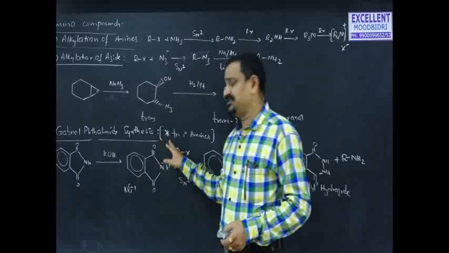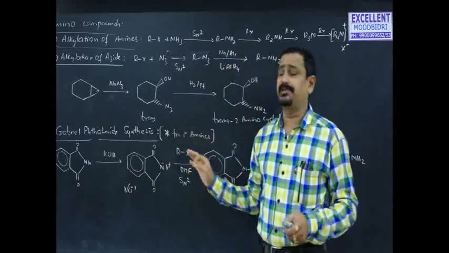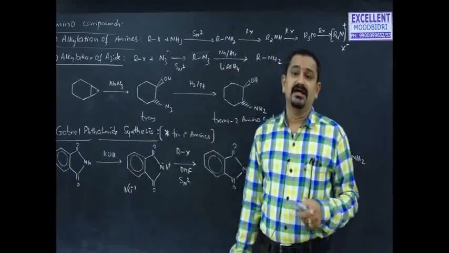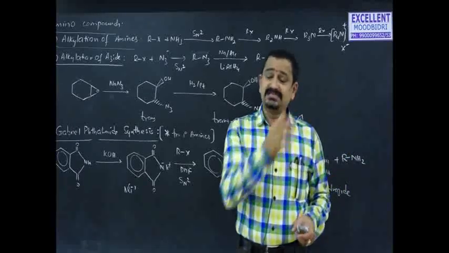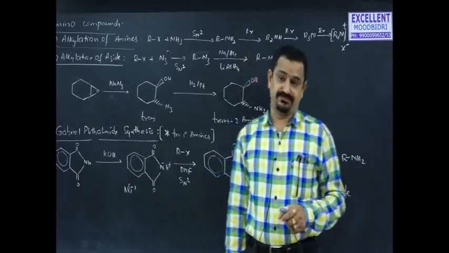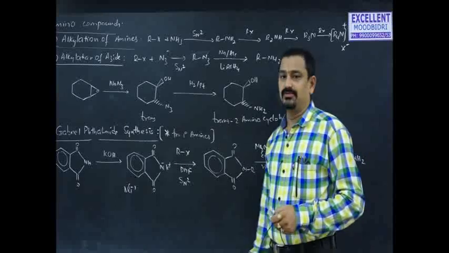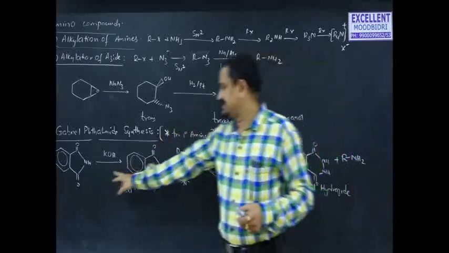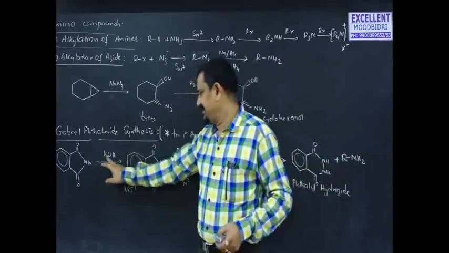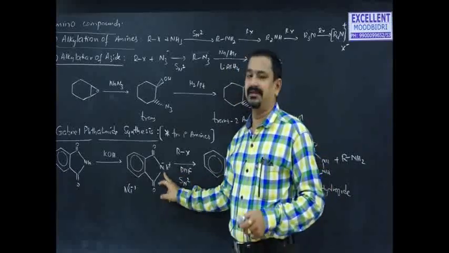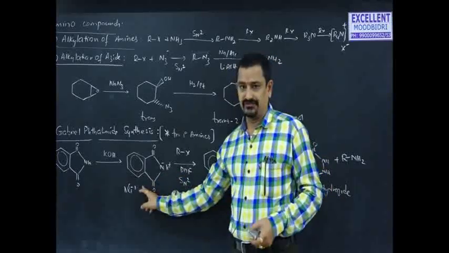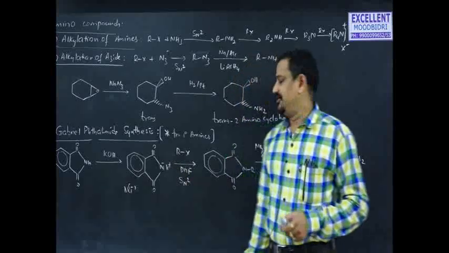This is an especially important method for the preparation of primary amines, because phthalimide can only be subjected to monoalkylation. So, this is phthalimide. When treated with a base, it gives potassium phthalimide, which itself acts as the nucleophile.